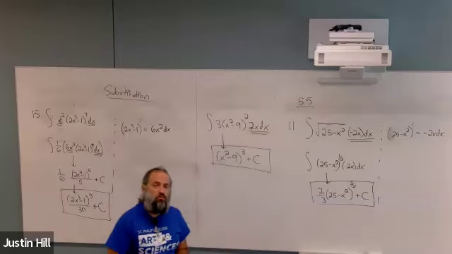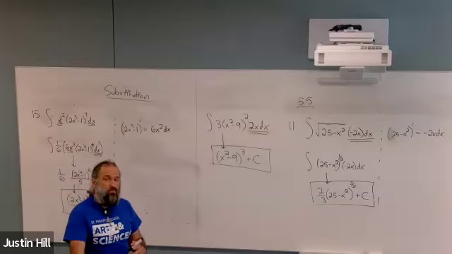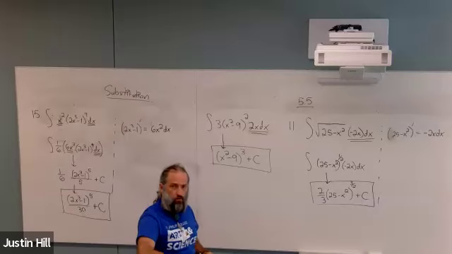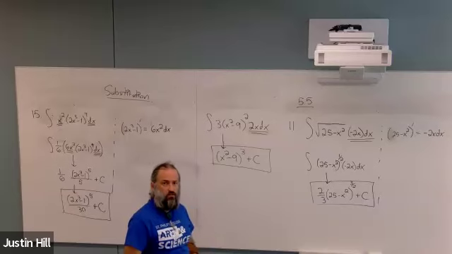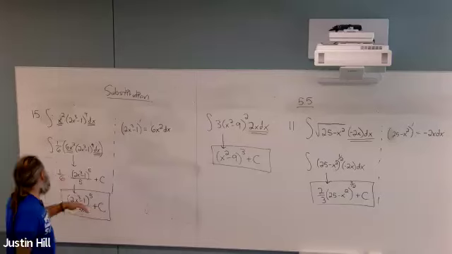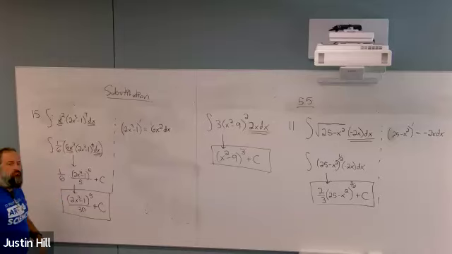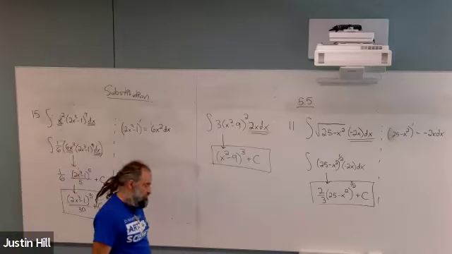You can only do that with constants. With derivatives, if you multiply by a constant, you just drop it down and carry it into the derivative. Same with integrals. If my difference is a constant, then I'm just going to bring that down and multiply it by my integral.